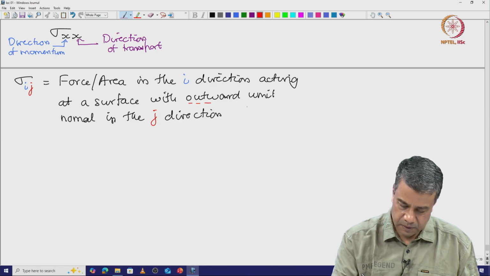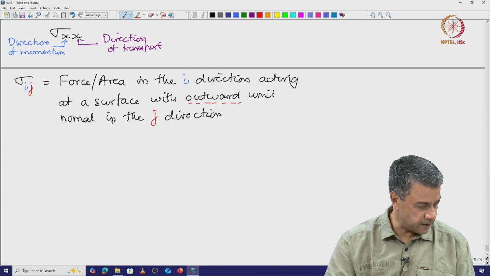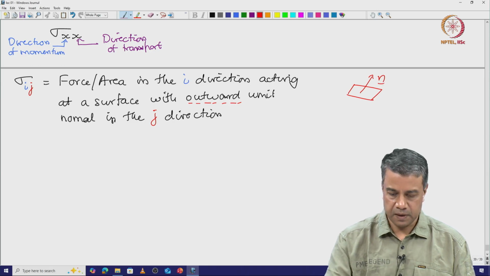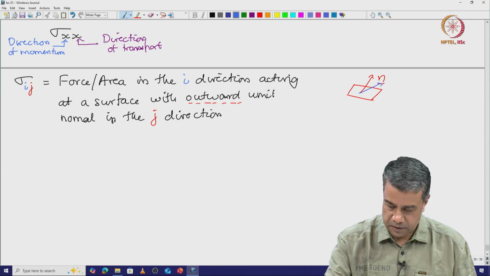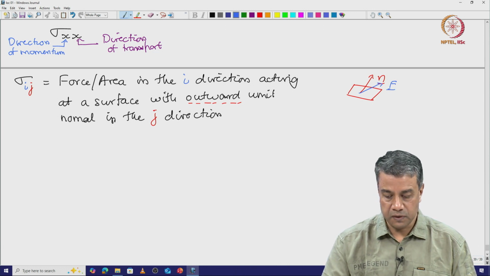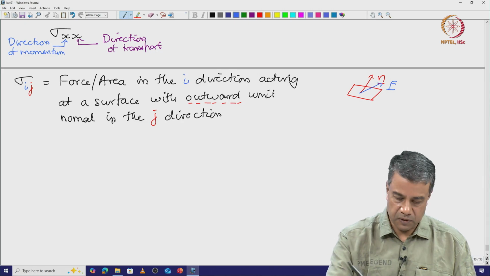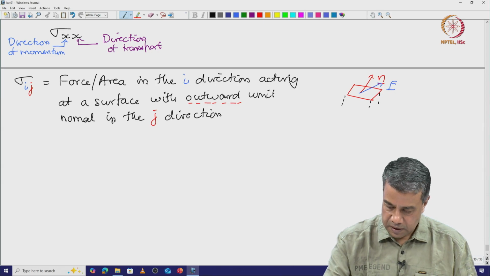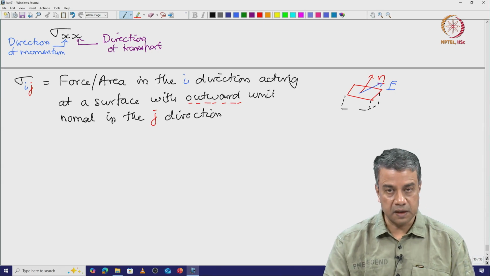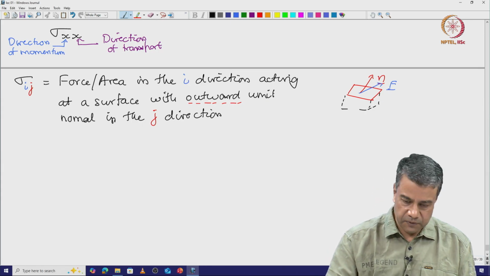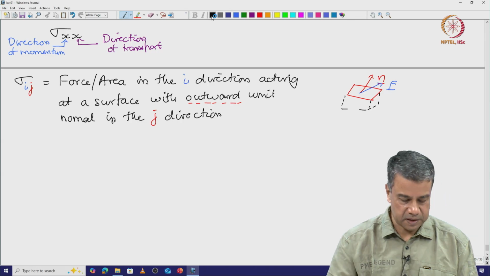That is, if I have a surface with outward unit normal n, and there is some force that is exerted on the surface, that force is exerted on the volume below the surface, because it is the volume below the surface that has an outward unit normal in the n direction that is pointing upward at the surface. So, that is the formal definition of the stress.